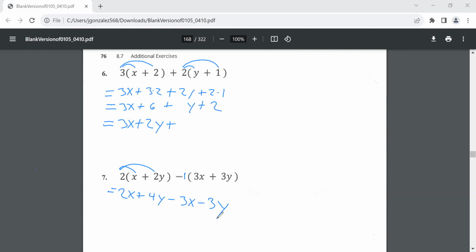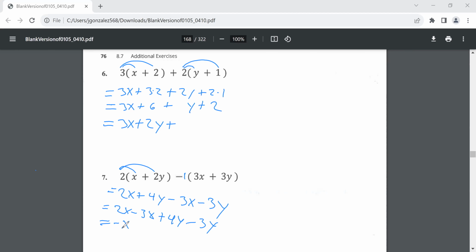We have like terms, always check at the end. I'll do the same thing, put them together. If you want to, you don't have to show this next step. If you want, you can. 2 minus 3. So just -1x or just -x is cool.